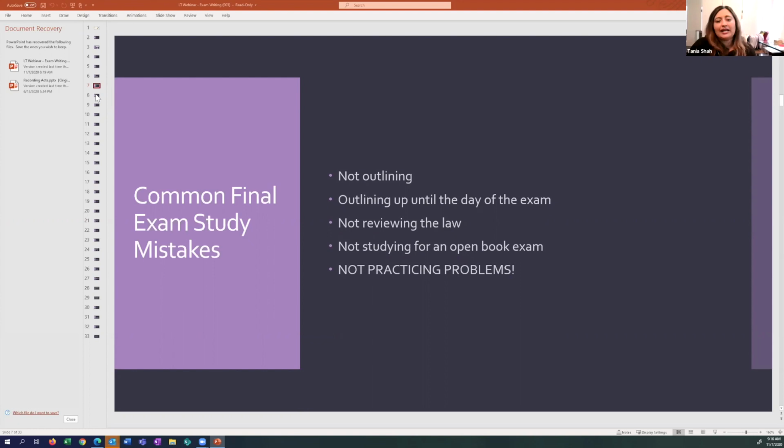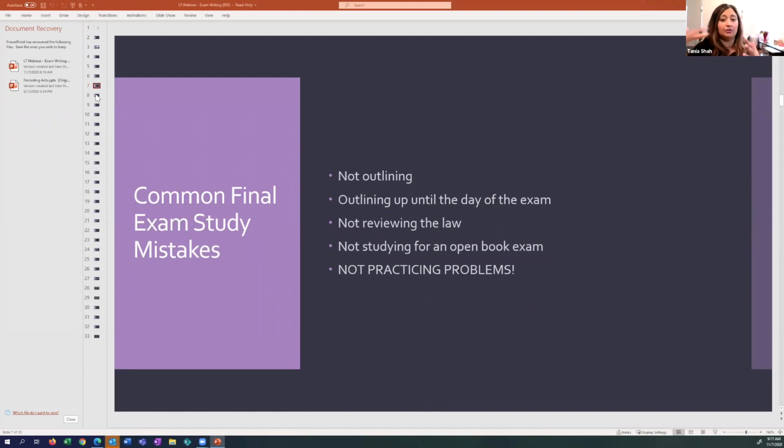And if you need to practice problems, in fact, I encourage this, if you want to practice problems in the beginning, open note. That's a great way to get the information solidified in your head too, because you can tell me that battery is an intentional, harmful, or offensive touching until you're blue in the face, but then it comes on an exam and you're like, oh, how do I apply this exactly?